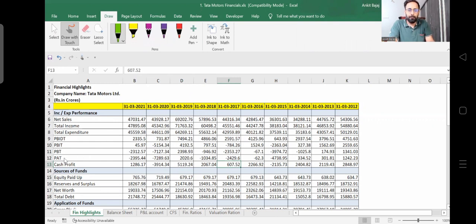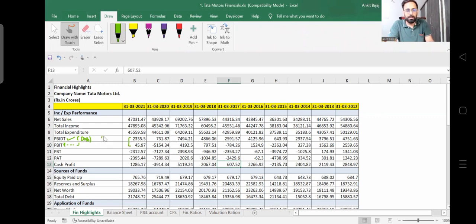When you calculate PAT, you reduce lots of non-cash expenditure, right? Here, if you see PBIDT, this PBIDT is before depreciation. Once you reduce depreciation from PBIDT, you get PBIT. So what is the depreciation amount here?